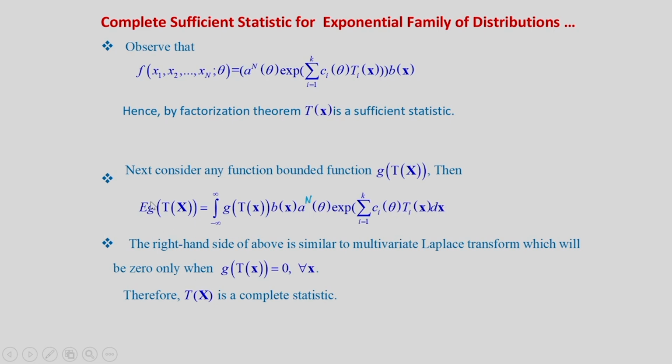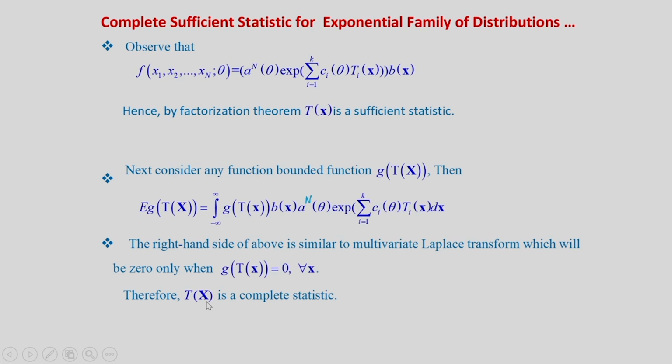So, this integration is the expected value of g(T(x)). Now, this right hand side, because it is an exponential of multiple terms, can be interpreted as a multivariate Laplace transform, which will be 0 only when g(T(x)) is equal to 0. If this function is 0, only then this multivariate Laplace transform can be equal to 0. Therefore, g(T(x)) must be 0 with probability 1, therefore T(x) is a complete statistic.